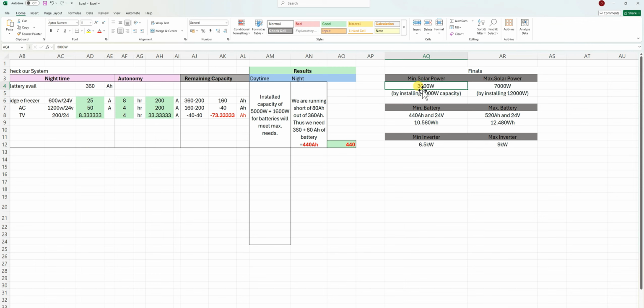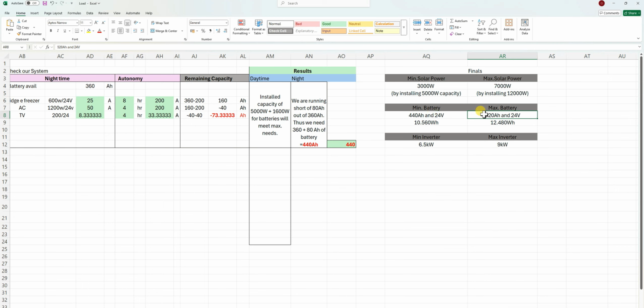There is a difference. And similarly, I can install a maximum solar power of 7000 watt by installing 12,000 watt, considering losses. Similarly, the minimum battery range is 440 and the maximum is 520. This value is not so fast and hard. You can make it up and down based on your needs.